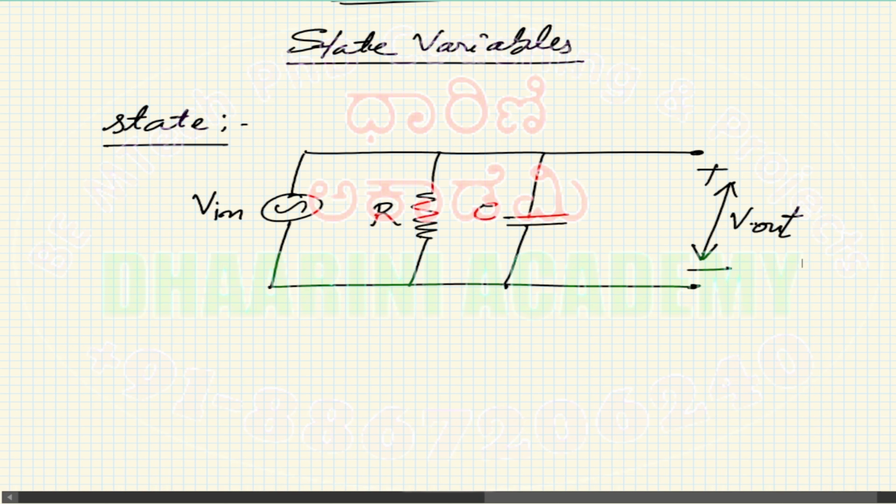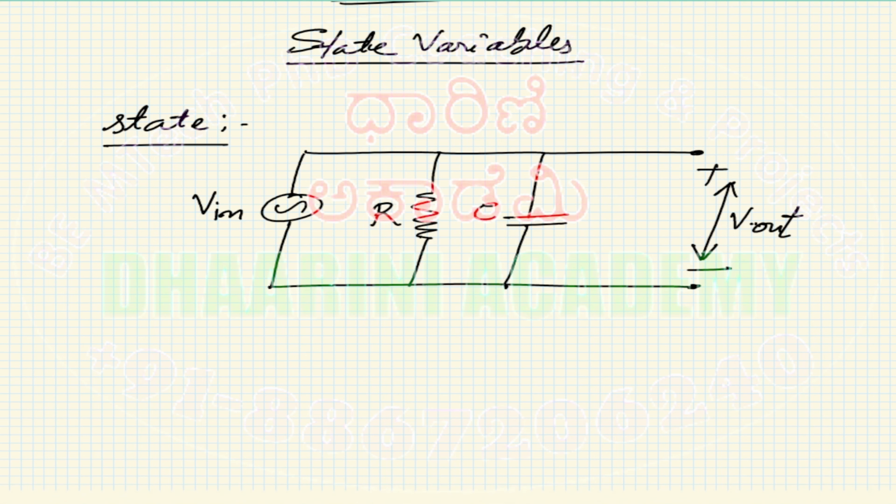If I want to find V out, I know V in, I know R, I know the value C. So there's no unknown here. Under such condition, if you want to find V out, what are the various parameters you are expected to know?